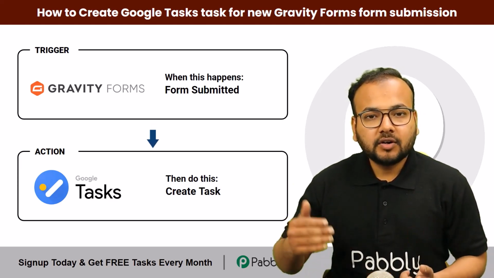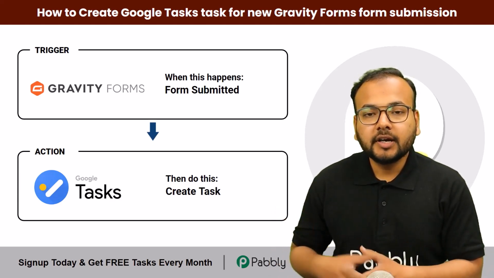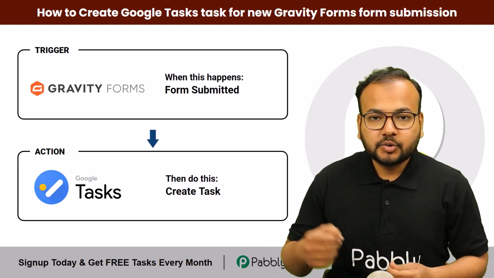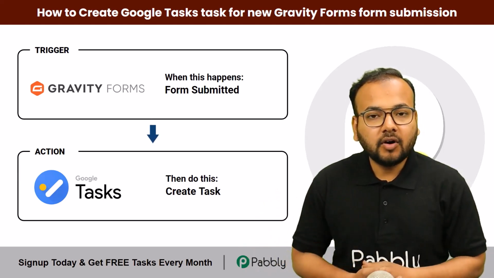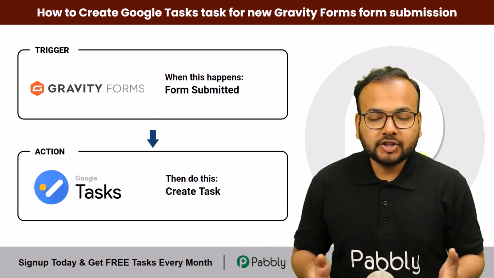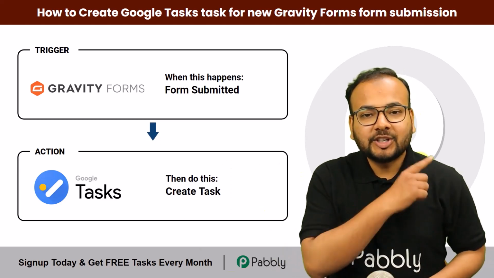So with the help of this automation, you do not have to manually create tasks in Google Task Board. It will be created automatically whenever any person fills and submits a form that you have created using Gravity Forms. And you can set up this automation super simply without any coding. So let's set up this automation together.